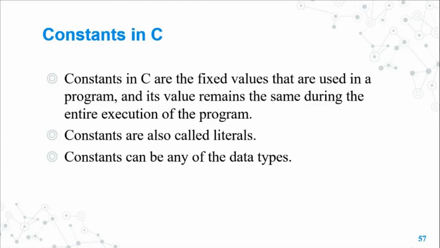So if in a program you want to use 3.14, that is the value of pi, then instead of using 3.14 every time, you can even use the symbol pi itself by defining pi as the value 3.14. So the value of pi in that case cannot be changed.